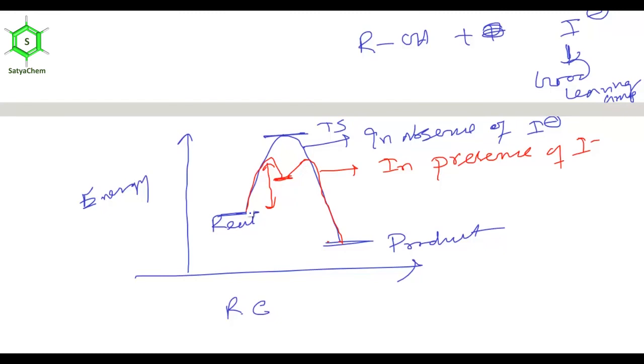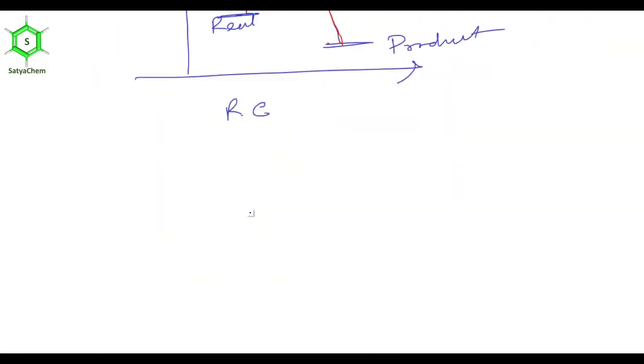Now I am going to give you some anions of oxyacids which are highly stabilized through resonance.